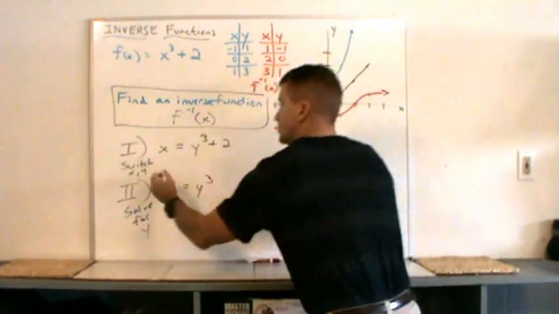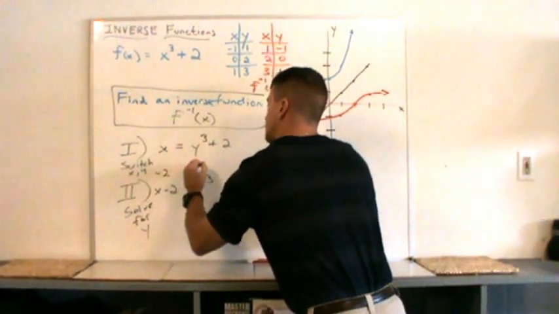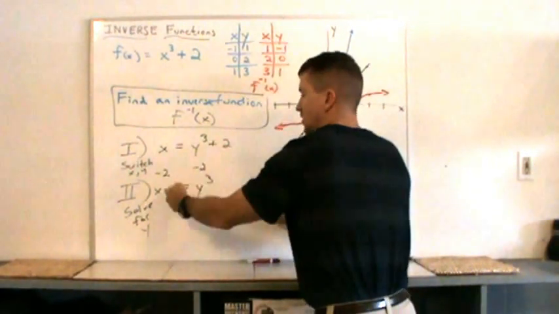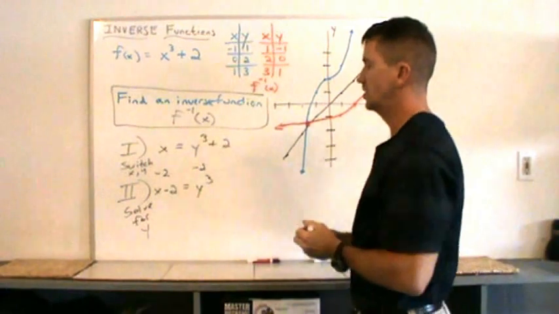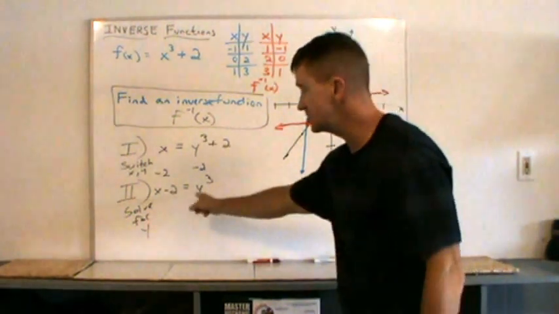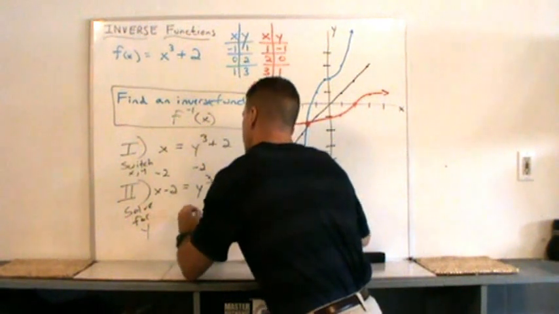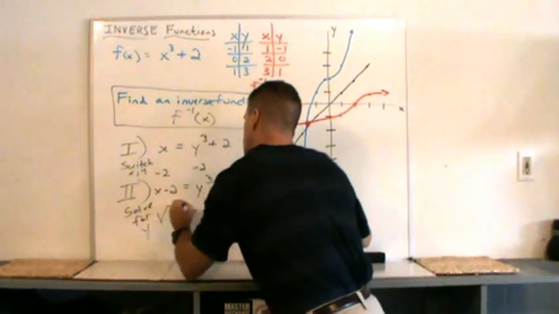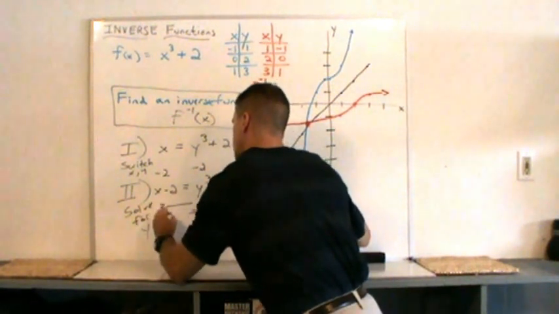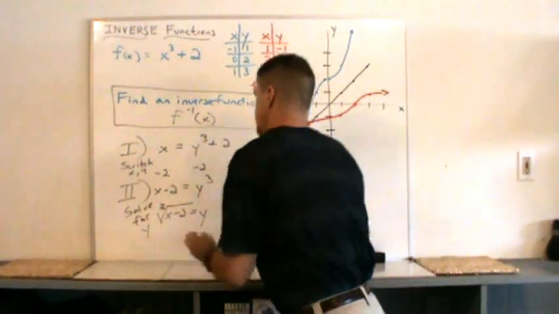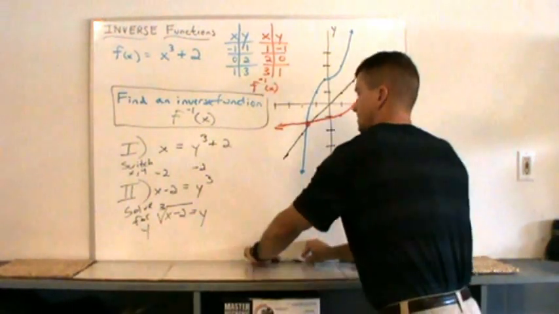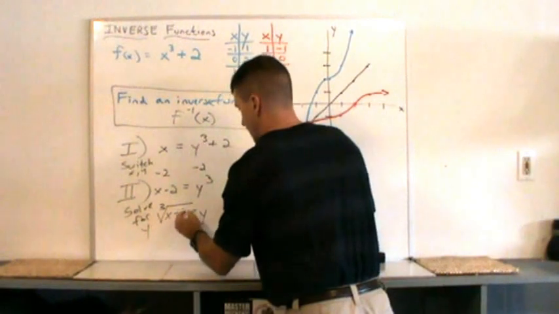You agree? If you subtract a 2 here, and if you subtract a 2 on this side, you get x minus 2 equal to y cubed. And then just take the cube root of both sides. The cube root of y cubed is y. And then we get the cube root of x minus 2. There it is. Let me circle that.